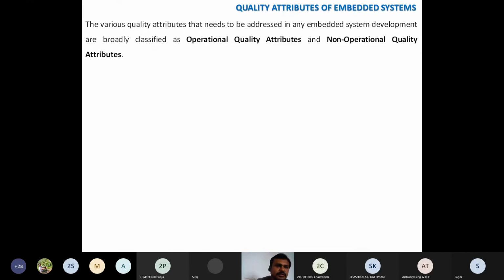Then we go for the quality attributes, operational and non-operational. So here the various quality attributes that need to be addressed in any embedded system development are classified into operational quality attributes and non-operational quality attributes.